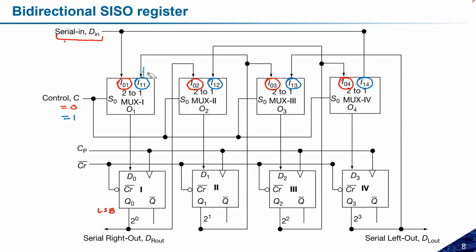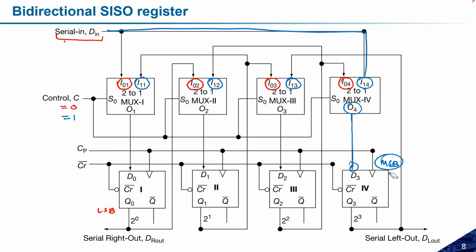I14 is connected to the D input, and this output is connected to D3, which is the MSB. The input is given to the MSB, so it will shift in the right direction. I think I made a mistake. The previous one was the left shift register, and this one will be the right shift register.